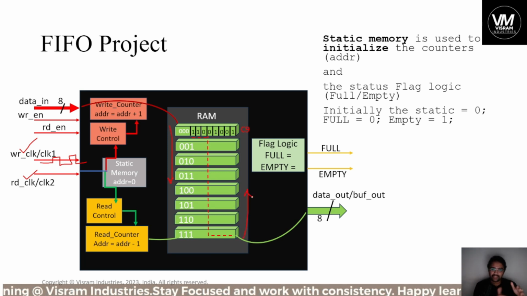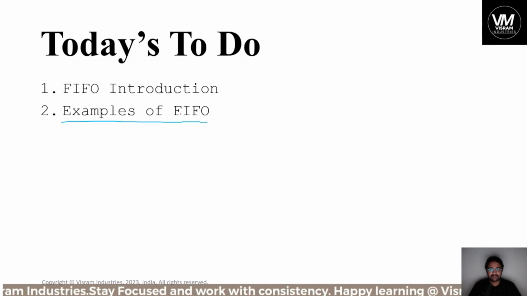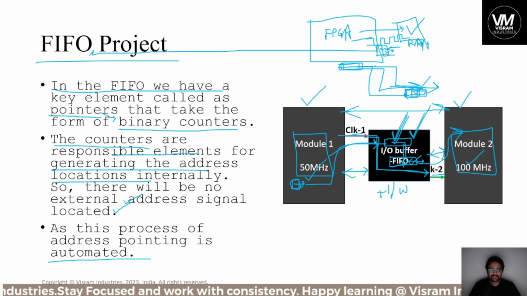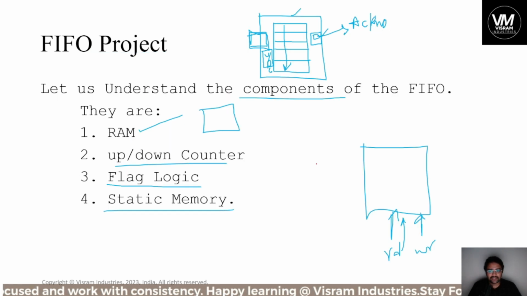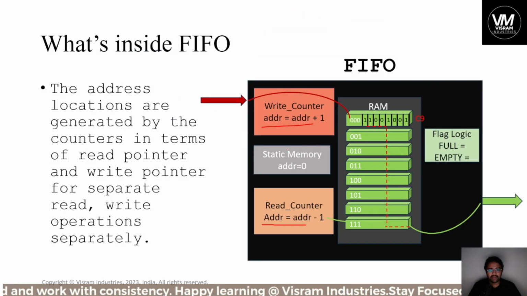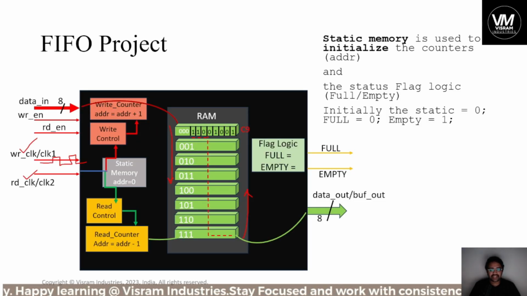You will get to know this in the later stages, but as of now, from the beginning you have understood what the FIFO is doing, what the implementation usage of this FIFO is, and what its components are. Now let us talk about the components' architecture inside the FIFO, what each module is responsible for, and how they are connected.